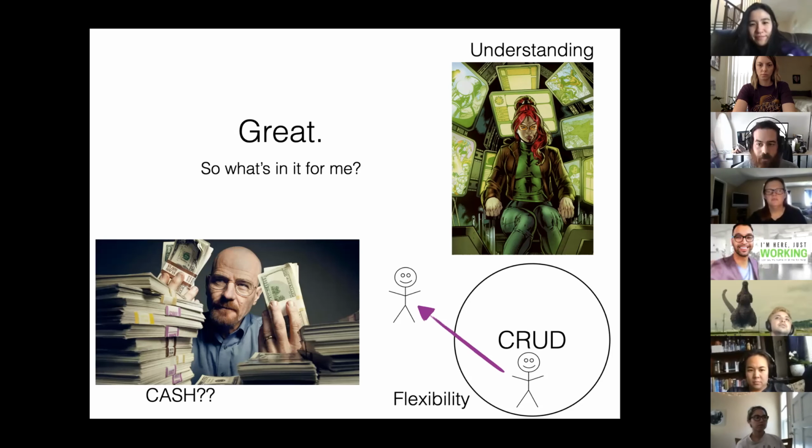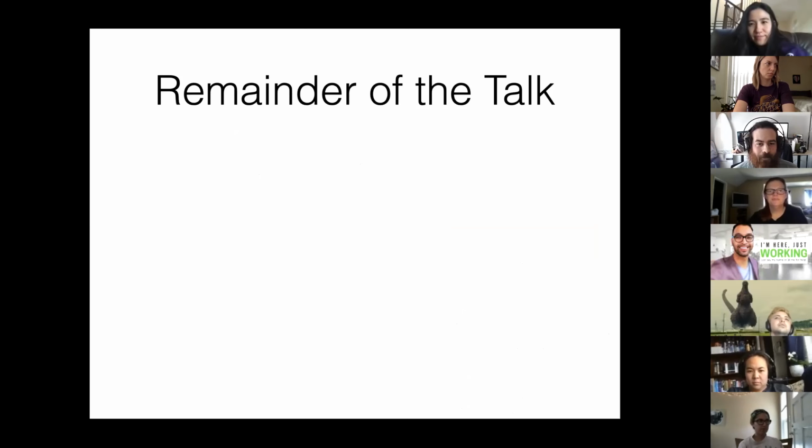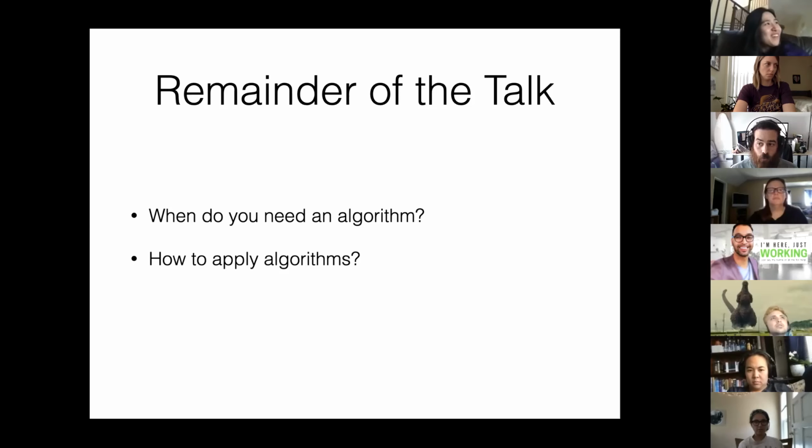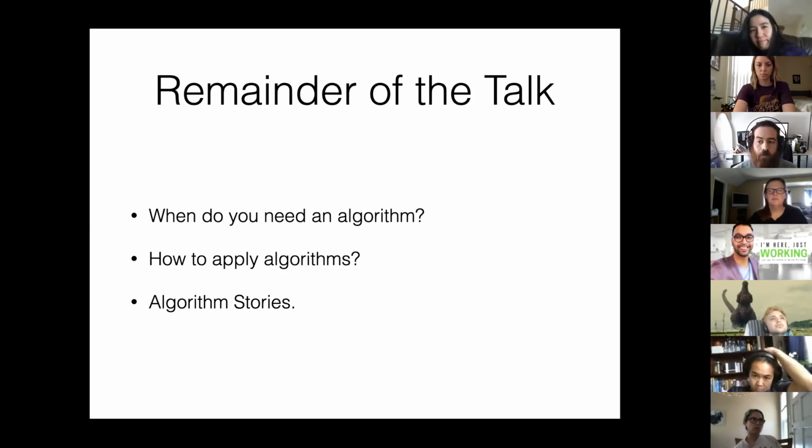Curiosity, flexibility, and many dollars. Okay, so for the remainder of the talk, I'm going to lay out, when do you need an algorithm? How can you tell that you actually need an algorithm? Once you know you need one, how do you apply that? And then I'm going to tell some fun stories about applying algorithms to problems in the world.